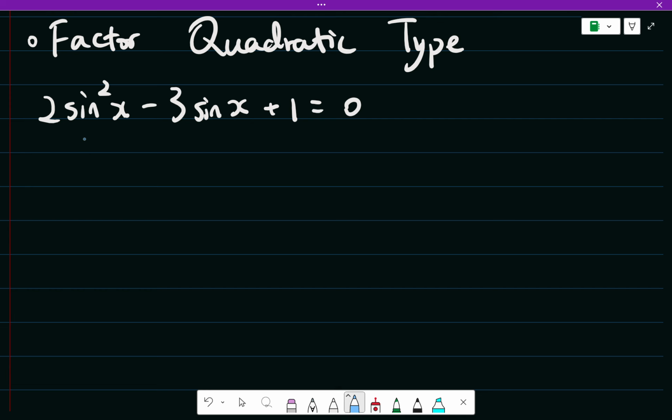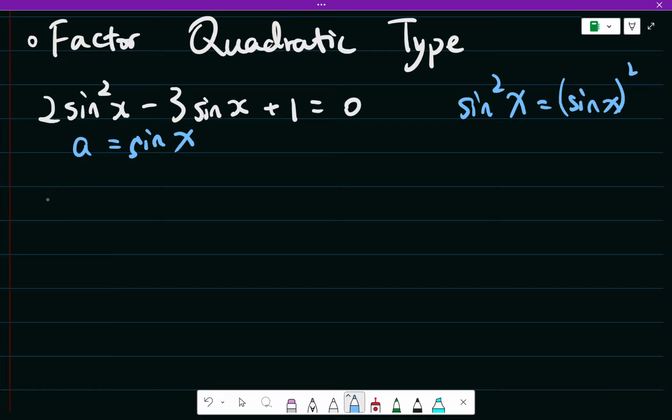So we should recognize that we have lots of sine x, or only sine x actually, in this equation. And we should notice that if we have a sine squared x, that is simply saying it's sine x squared. So we can start off by assigning a variable to represent sine x.